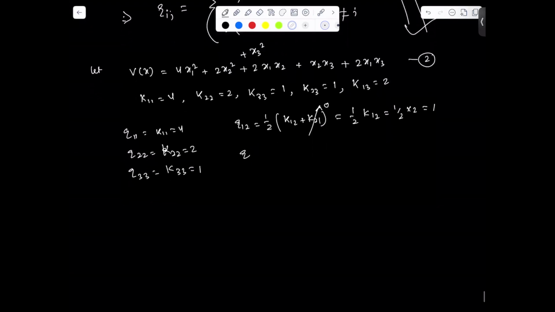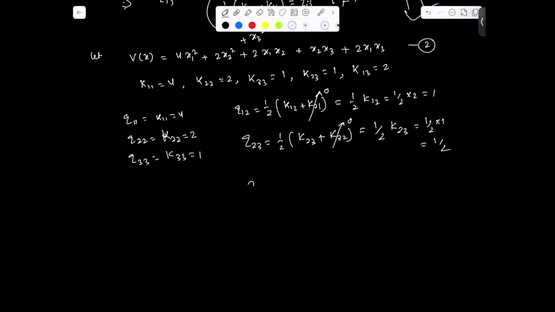And similarly, Q23, half we can write K23 plus K32. So K32 here is 0. So we can write half K23, and K23 is 1, half into 1, half.